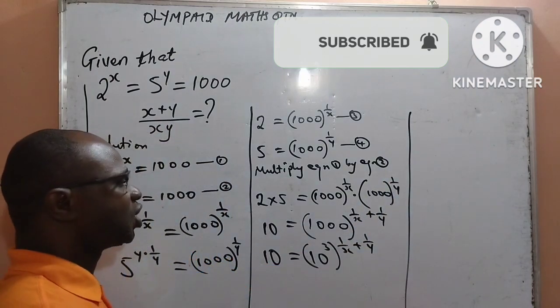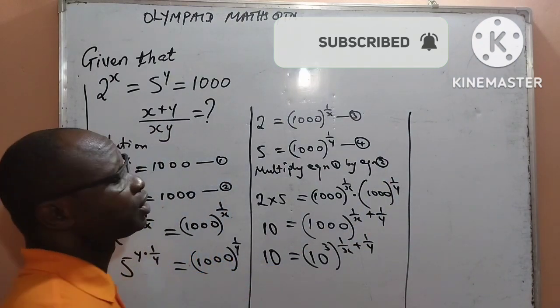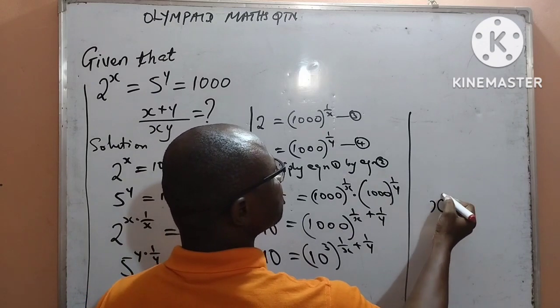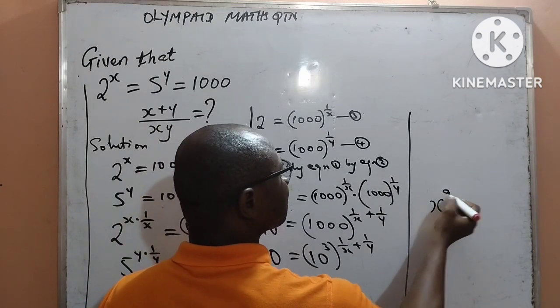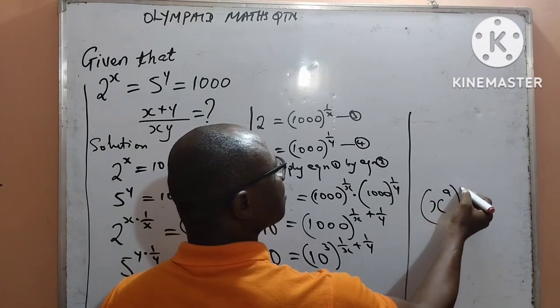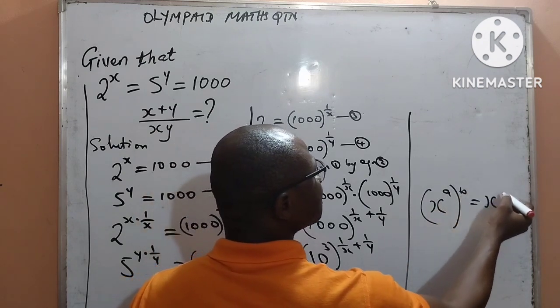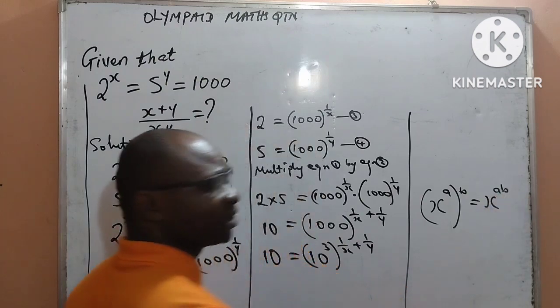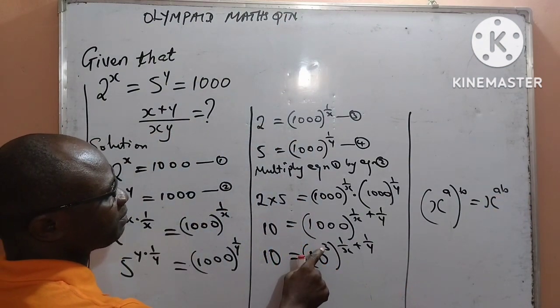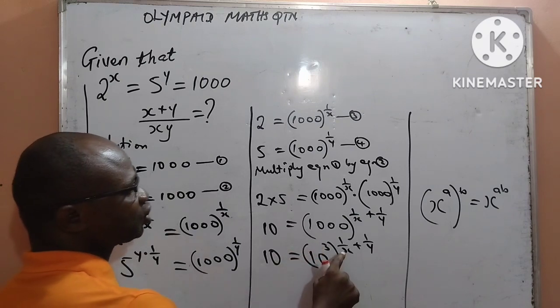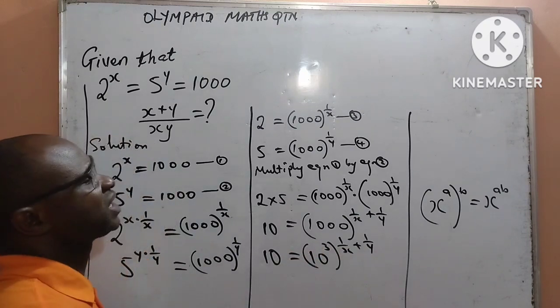You see, by the law of indices, which is called product law, if I have x to the power a, to the power b, it is equal to x to the power a multiply b. Alright? What that implies is that I shall use this power 3 inside the bracket to multiply the power outside the bracket.